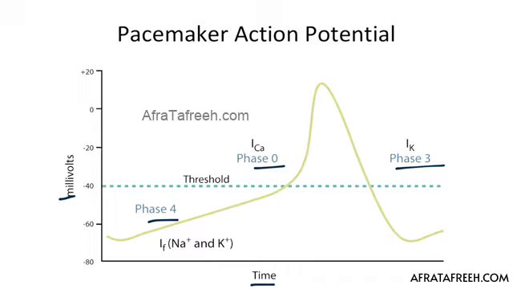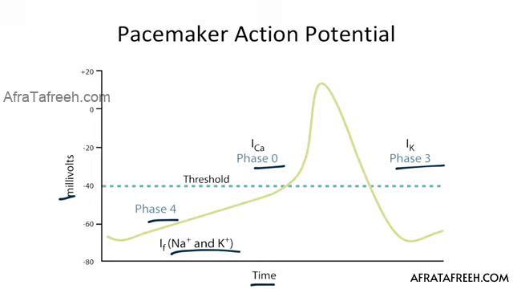You'll also notice in this figure that the ion channels responsible for phases 4 and 0 are actually different from the ion channels we saw in phases 4 and 0 in a cardiac myocyte action potential. Phase 4, or the resting membrane potential, is due to sodium and potassium funny channels rather than potassium leak channels.